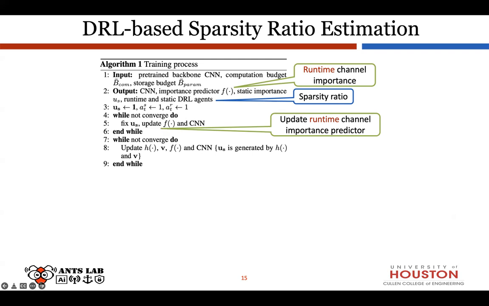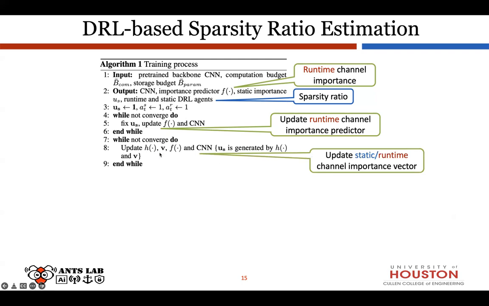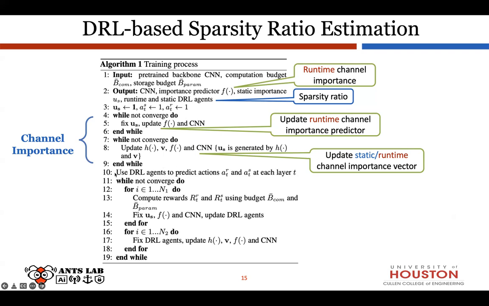And in step 8, we update both the static and runtime channel importance vector. Therefore, for steps 4 to 9, we will get the channel importance predictor and the channel importance vector.